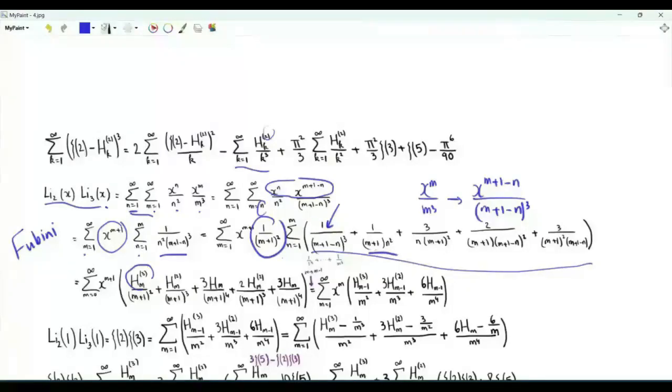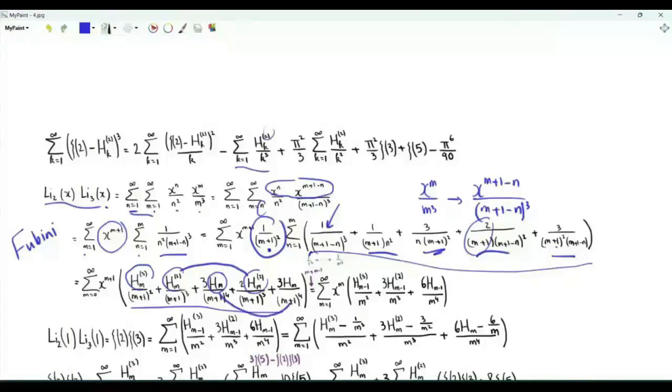From here we get 1 over m plus 1 times the mth generalized harmonic number of order 2. From here we get 3 over the square of m plus 1 times the mth harmonic number. Summing this part yields 2 over m plus 1 times the mth generalized harmonic number of order 2. Finally, we have 3 over m plus 1 squared times the mth harmonic number. This bracket here is that one after multiplying by 1 over m plus 1 squared.